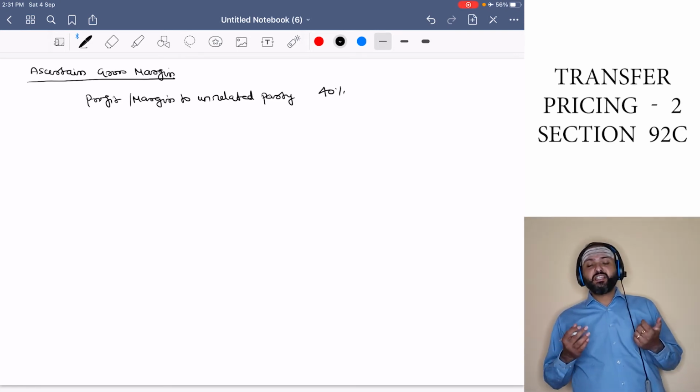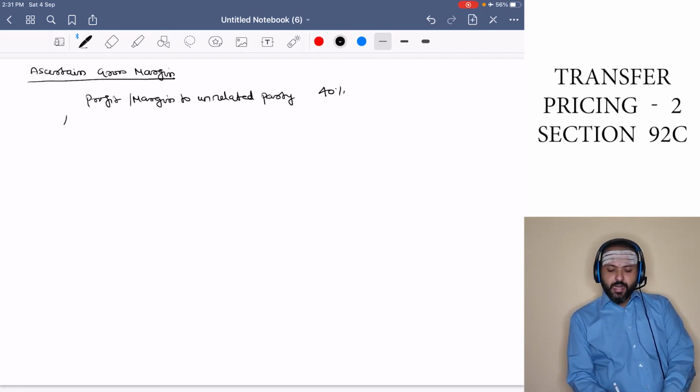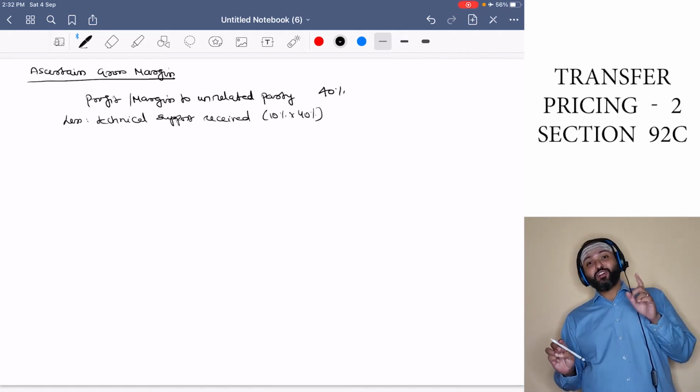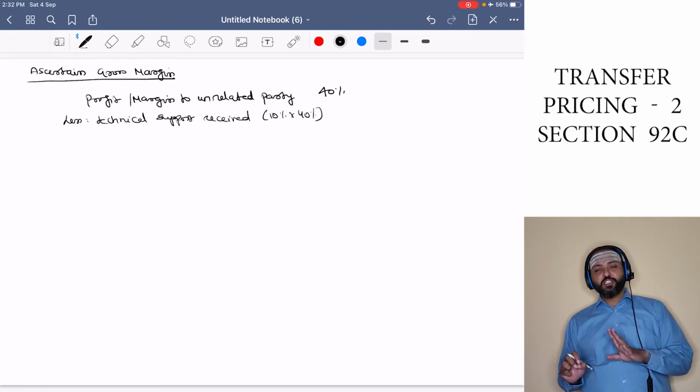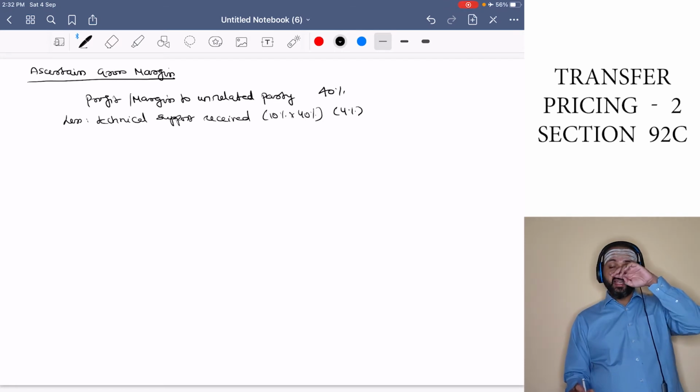The seller is receiving some sort of services from the buyer. Correct? So, there is a technical support here. So, less technical support received. How much is that? 10% of gross profit margin. What is the gross profit margin? 40%. 10% of that margin is the value of this cost. Therefore, this rate will go down by 4%.